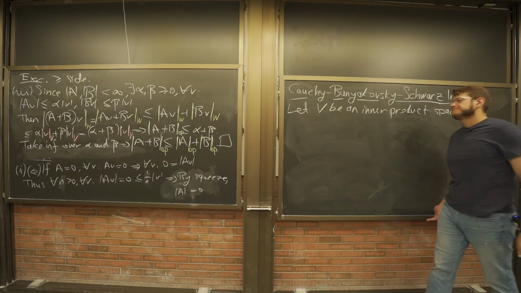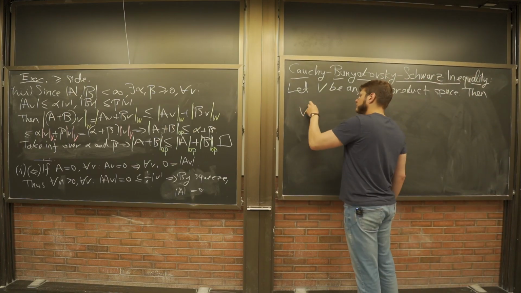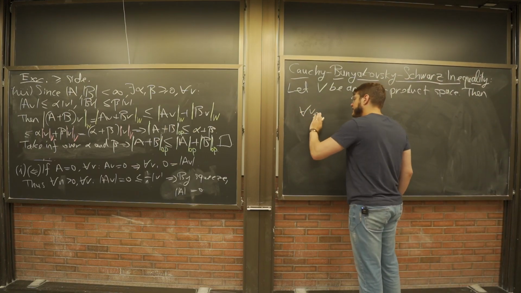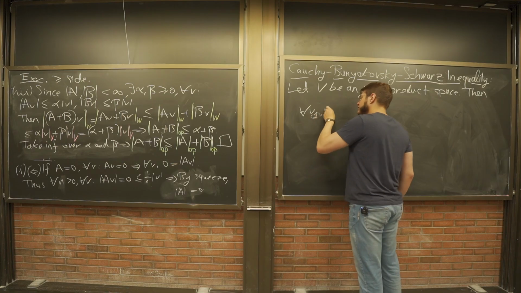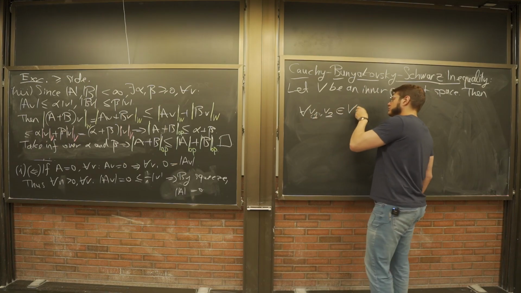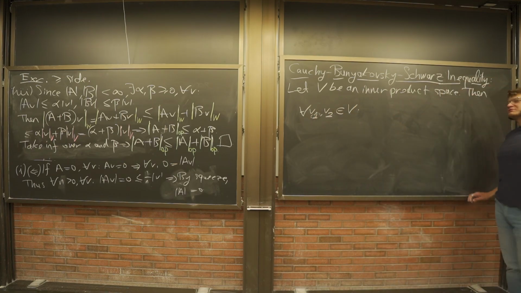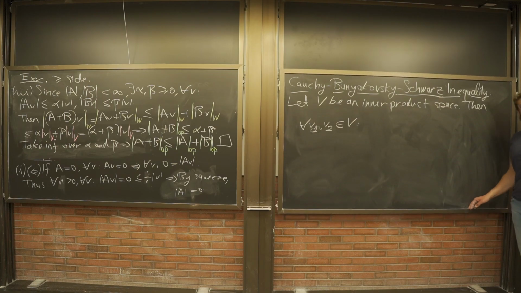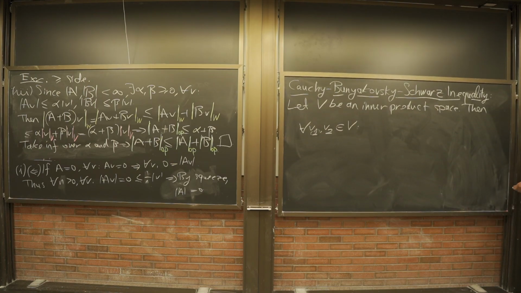Then for any two vectors v1 and v2, maybe I should ask you, some of you might remember this. What does the Cauchy-Schwarz say?